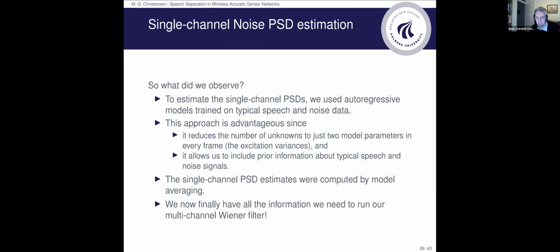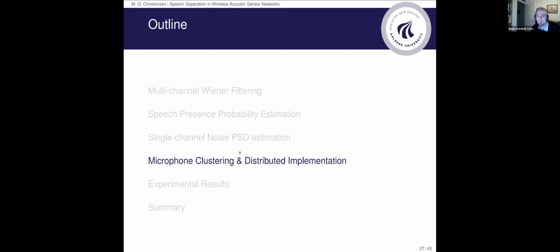And we computed the PSD estimates from model averaging. And the conclusion from this is that now we have the information required to run our multi-channel Wiener filter, because now we can actually sample the statistics in our network of microphones to perform the filtering. But before we move on to that, in principle, we could do that right now.